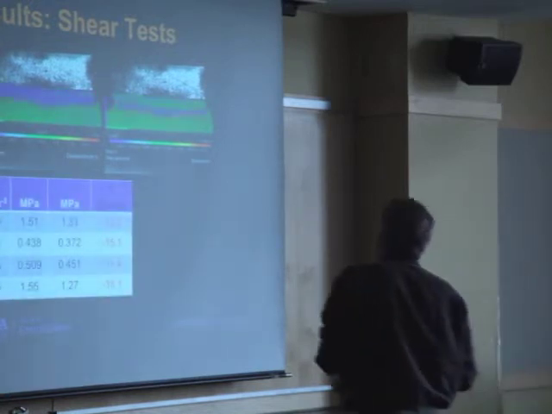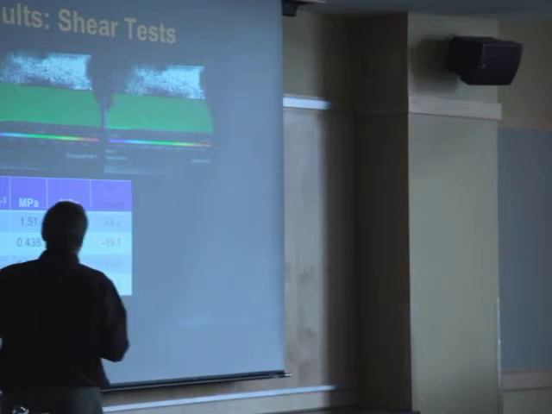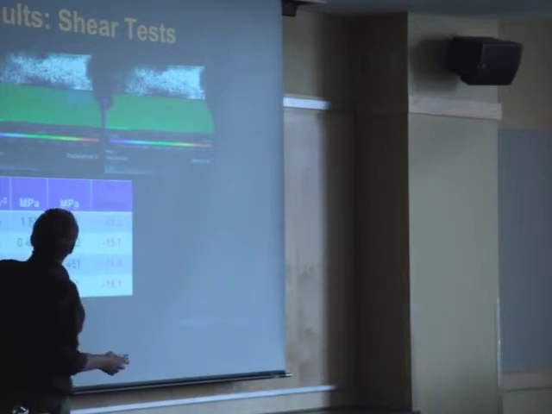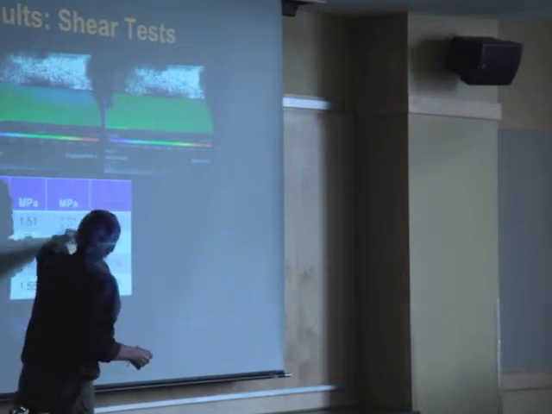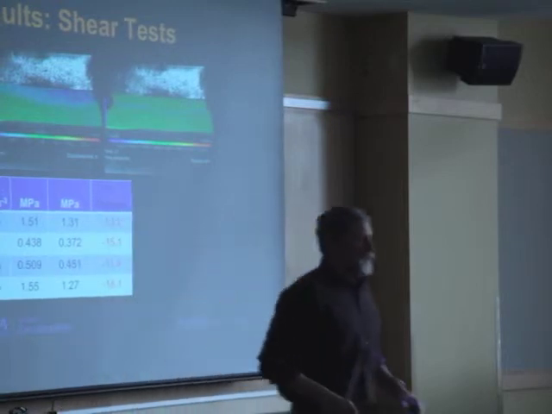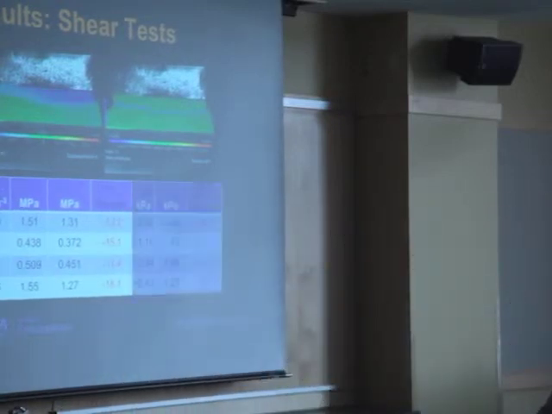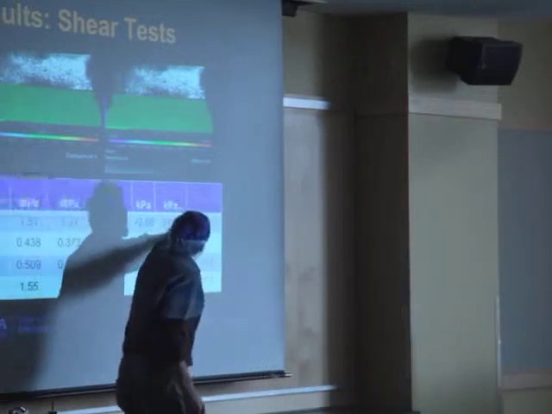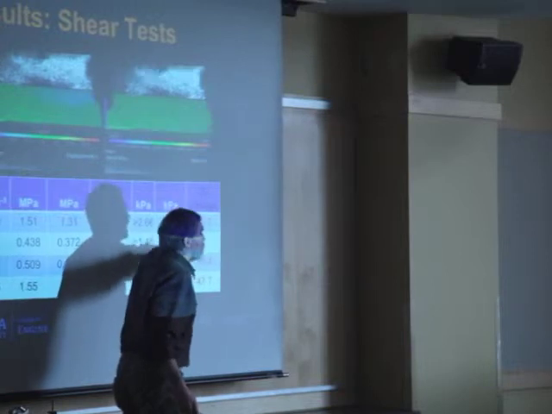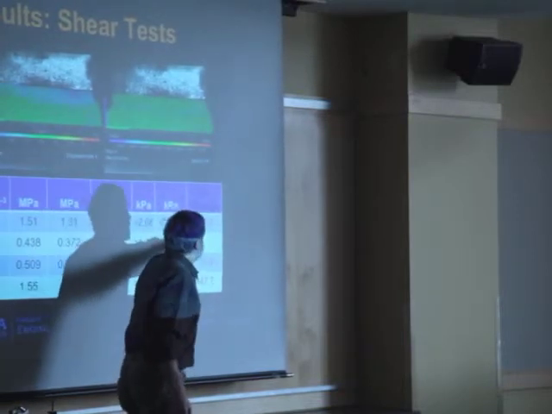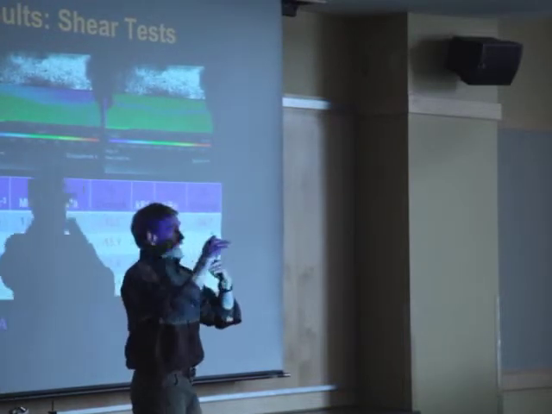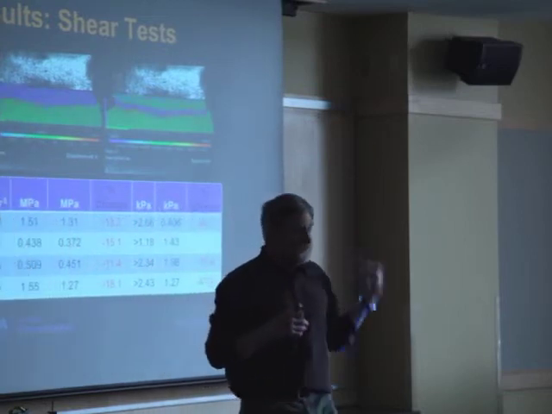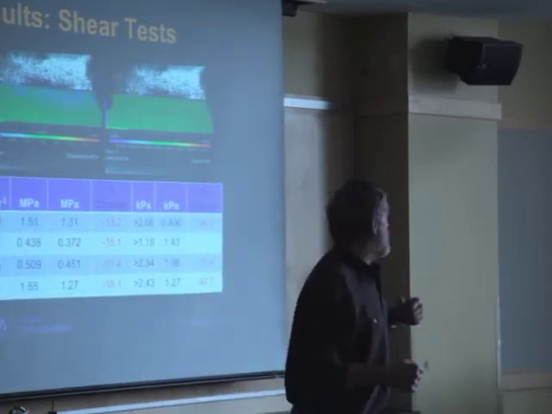And what we saw is, now this is the way we've loaded it, and this is the amount of load we've been putting on. I'll try to scream through some of this. This last column over here is the change in strength from the original sample. So it dropped by like 84% in shear strength from before to after.